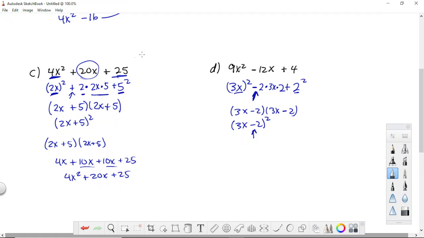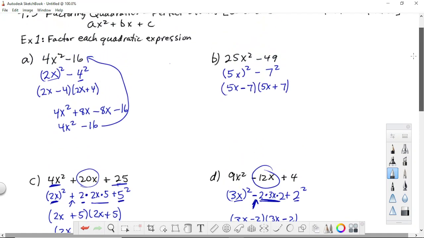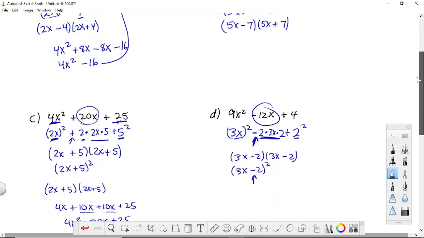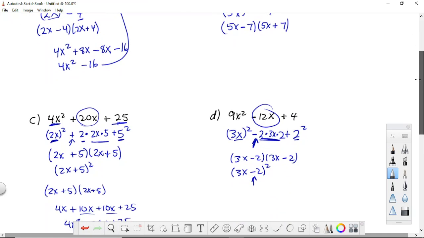And the other one is where it's minus 2 times that. Okay, like this. So you might think of that as 3 patterns or 2 patterns, but it has to fit one of those. And if it does, then you do it like the examples.